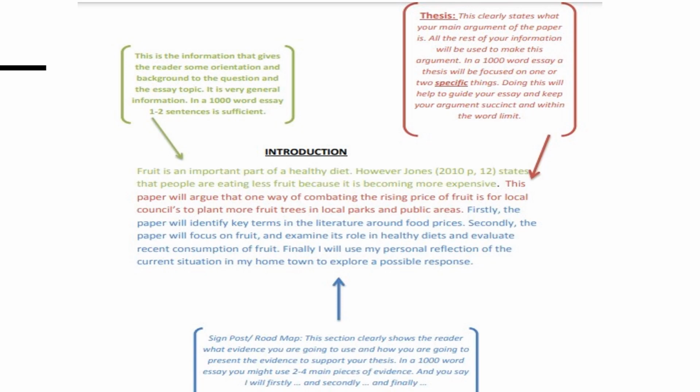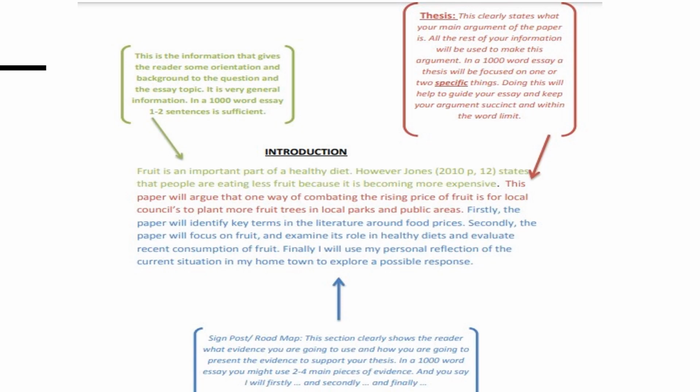And then now what we said was the thesis statement. In red, we can see this clearly states what the main argument of the paper is. All of the rest of the information will be used to make this argument. Okay, so doing this will help guide your essay and keep your argument succinct and within the word limit.